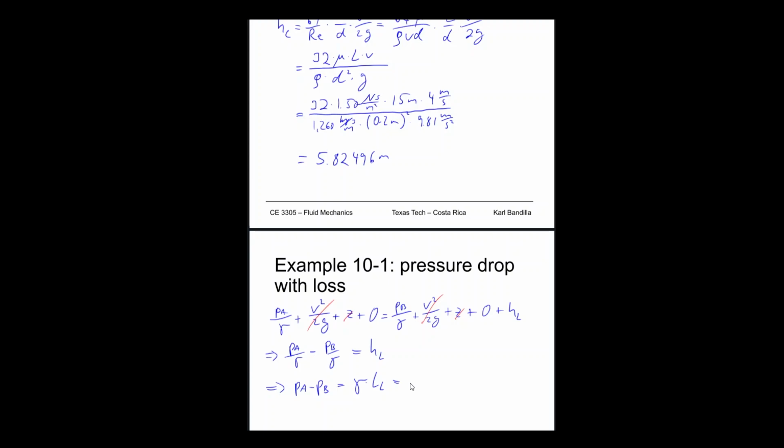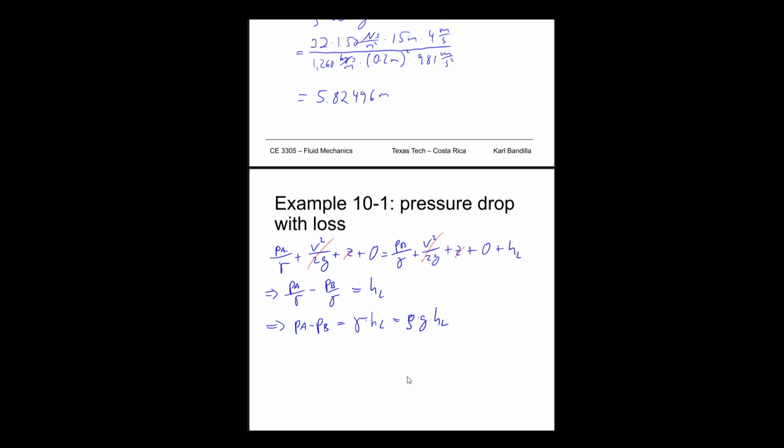And we're not given gamma, but we're given rho, so rho times G times HL. It's a very strange looking H here. It's an L. Let's make that an H. HL.